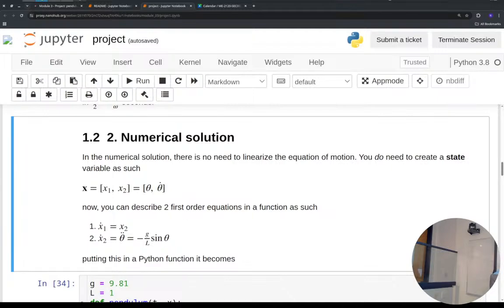So now my first equation is saying that the derivative of theta is theta dot. Not very exciting, but it is a formal definition. My second equation is that the derivative of theta dot is theta double dot, and that is my equation of motion, where it's negative g over L times the sine of my first input.